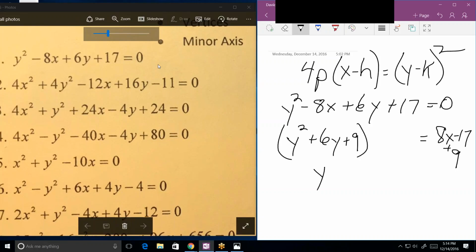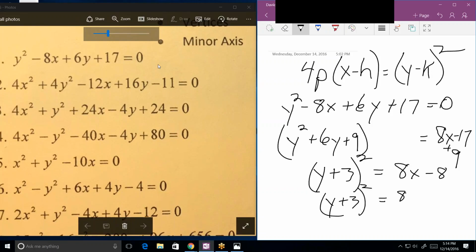Correct. Now I'm getting closer to my format. And what's on the right side? 8x minus 8. Now factor, take a greatest common factor. It could be 8 times x minus 1.